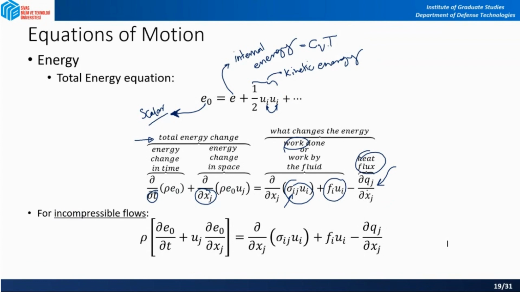This equation should be a scalar equation because energy is a scalar itself. So the first term, if you look at this, is a scalar. There is no index in the first term, and it should be consistent in all other terms. That's why when you put dxj, you will put one uj inside. In all other terms, we have dummy indices, meaning repeating indices. So left hand side and right hand side are consistently written, and there are no free indices.